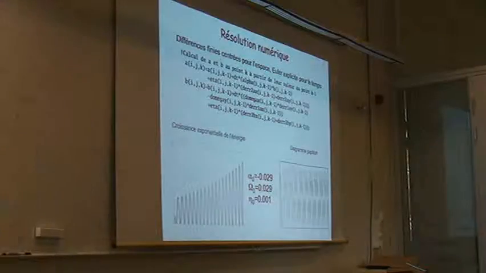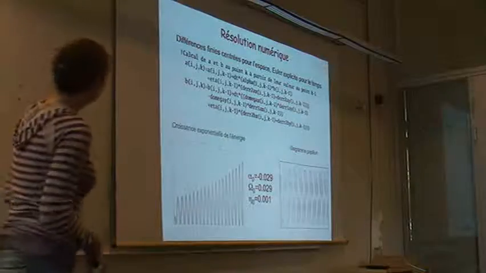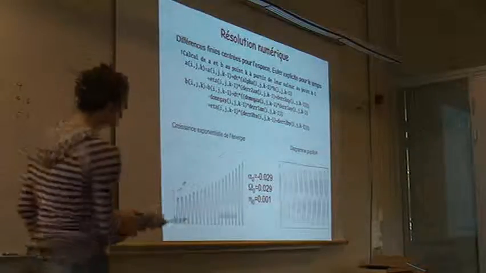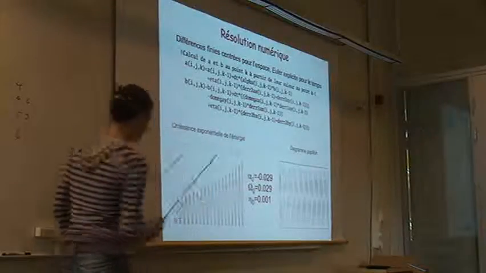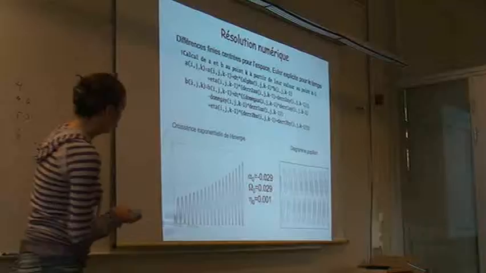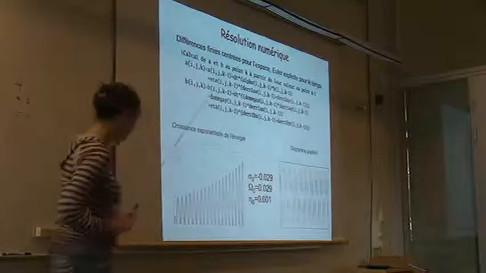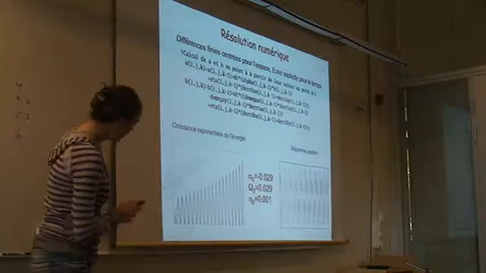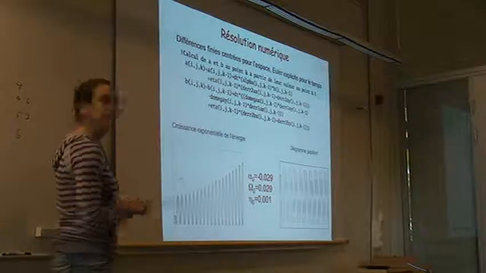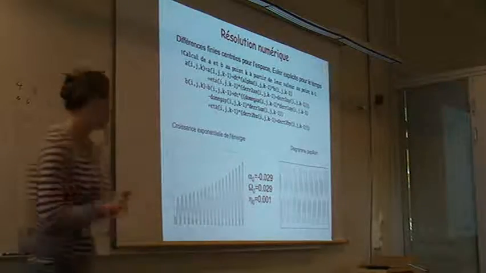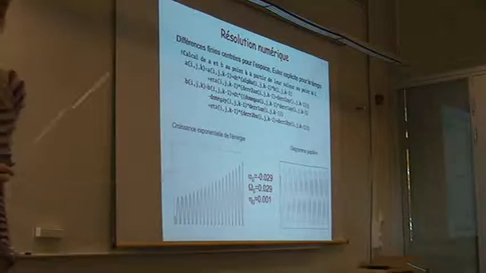So just to show you some examples of what it gives. This is a case where we have these values for the parameters, and we have a growing magnetic energy with time, this is B squared. So we have an oscillatory field and exponentially growing.